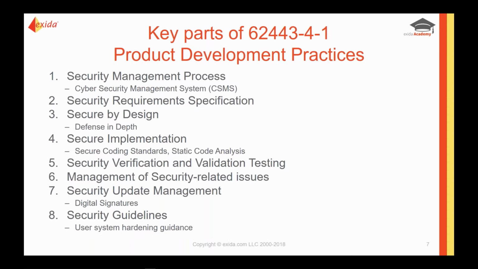This typically is something which is joined with an existing quality management system and adds cyber concepts and guidelines to that quality system. Certainly obtaining good security requirements is key.